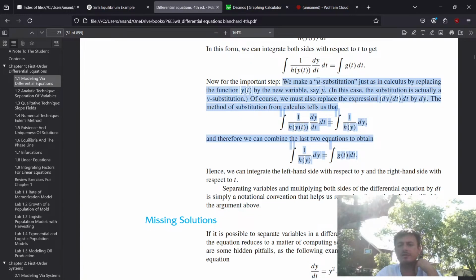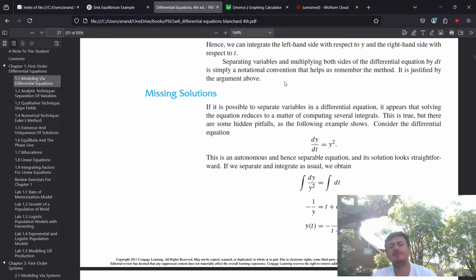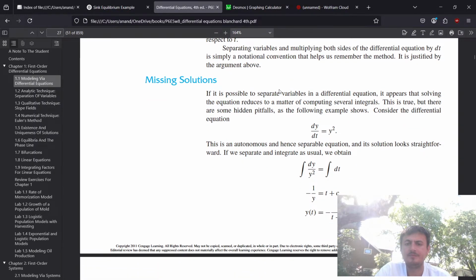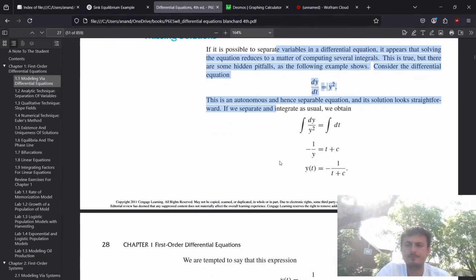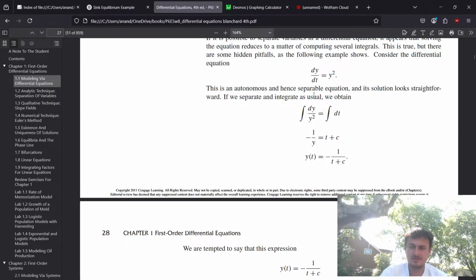Okay, so this goes into the formalism of why we're allowed to do what we think. It's possible to separate variables in the DE. Yeah, this is a good case.